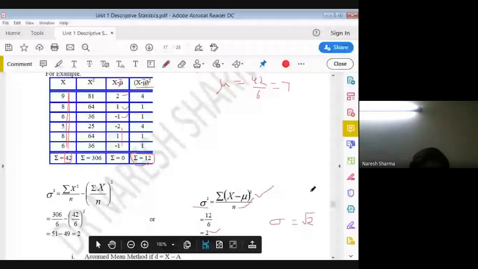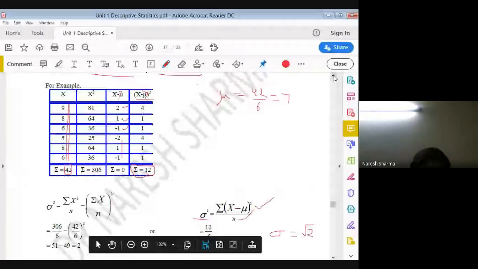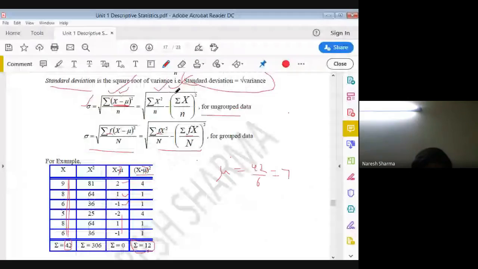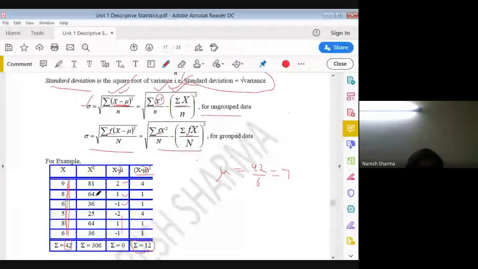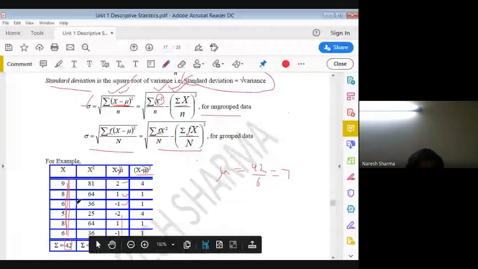Now if you are interested in applying the second one, we require the summation of x square, also summation x. So in the same table, summation x we already calculated here, and we take the square of each value. 9 square 81, 8 square 64, 6 square 36, and 5 square is 25, and so on.